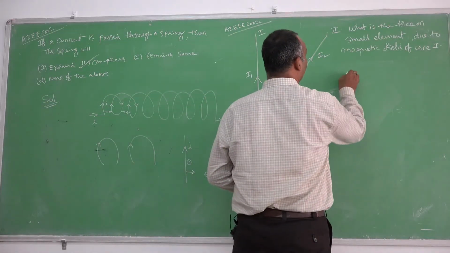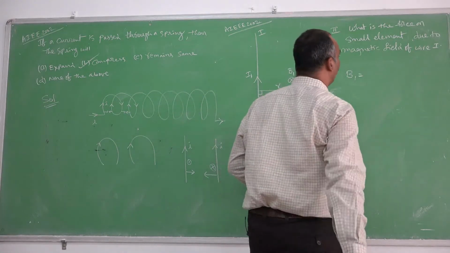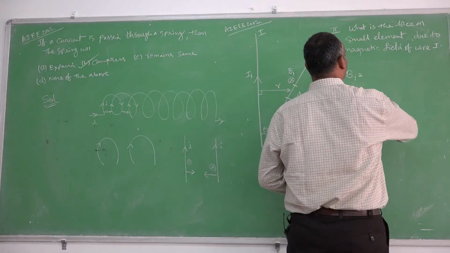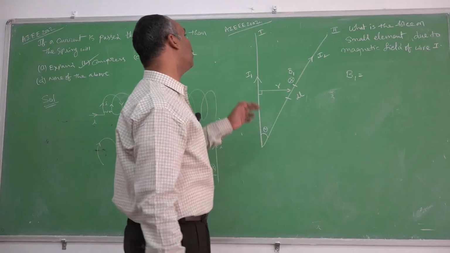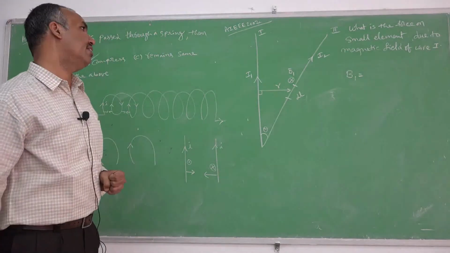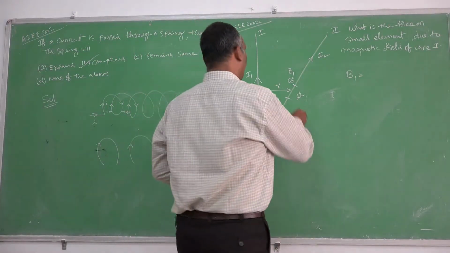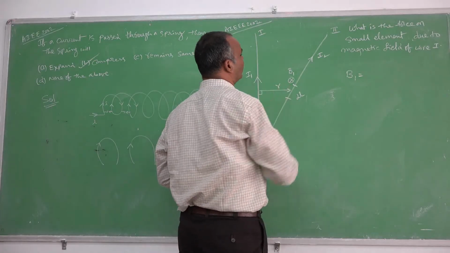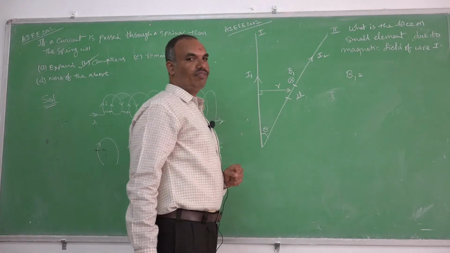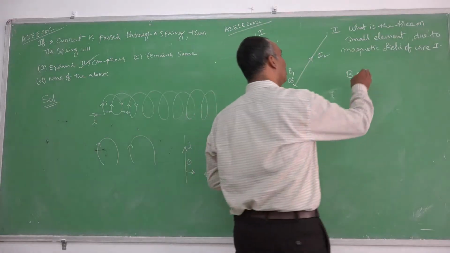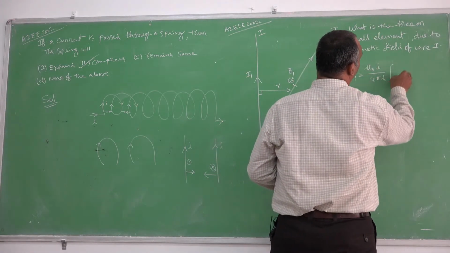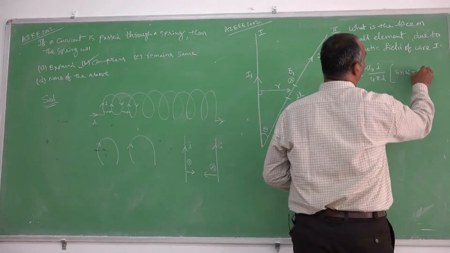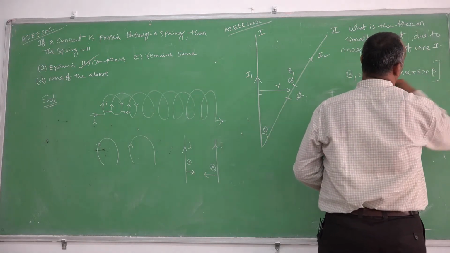The strength of the magnetic field is given by, what is the strength of the magnetic field at a particular distance from a conductor of infinite length or finite length? That is important here. We require the magnetic field at a distance r from the conductor. The general formula is mu naught I by 4 pi d times (sin alpha plus sin beta). That is the strength of the magnetic field here.